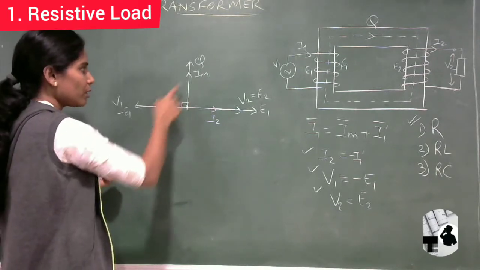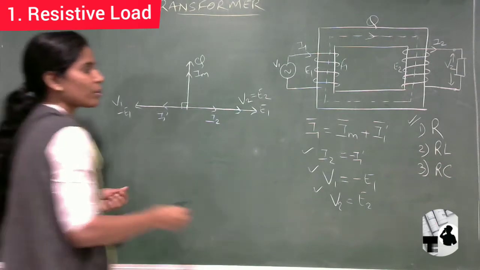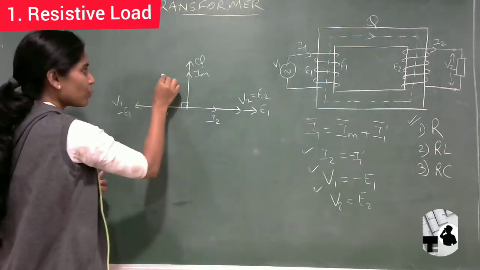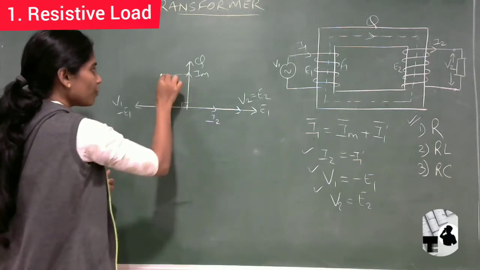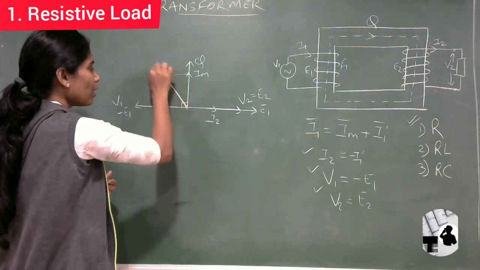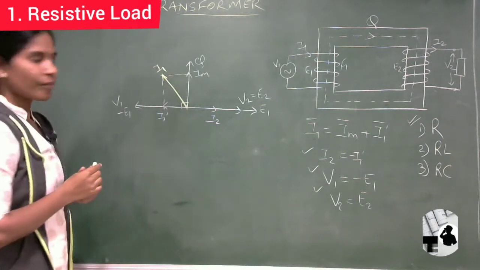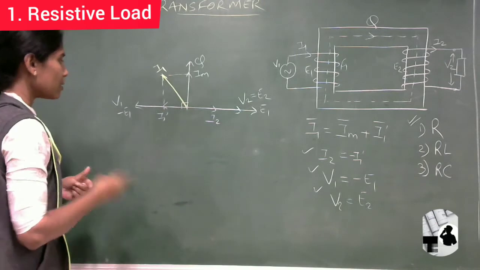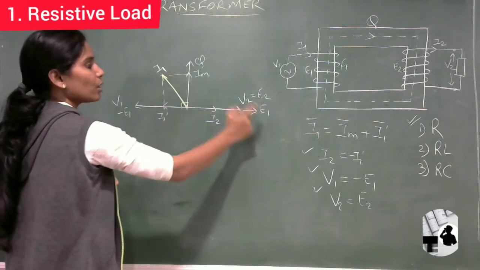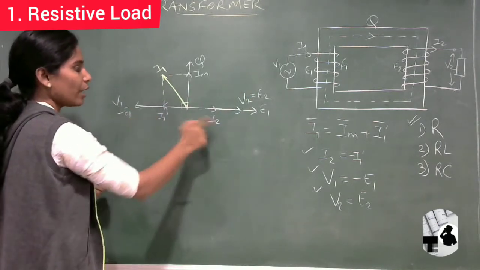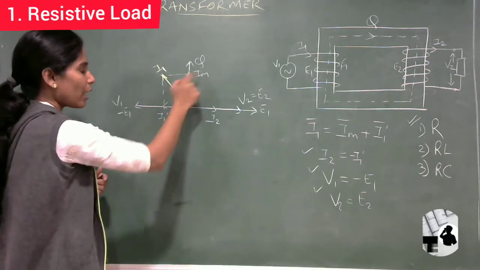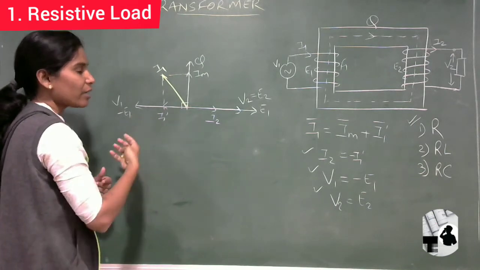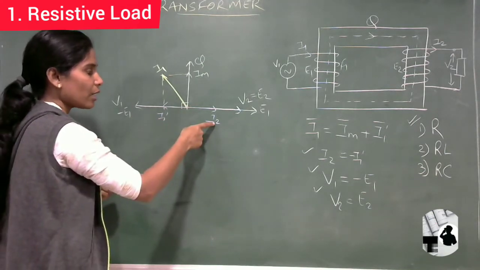Then I1, the primary current, is the summation of these two. When we take the resultant of these two phasors, we get the phasor for I1, the primary current. So this is the complete phasor diagram containing V1, V2, E1, E2, I1, I2, where I1 has the combination of Im and I1 dash, where I1 dash is the extra current extracted from the supply due to the secondary current.